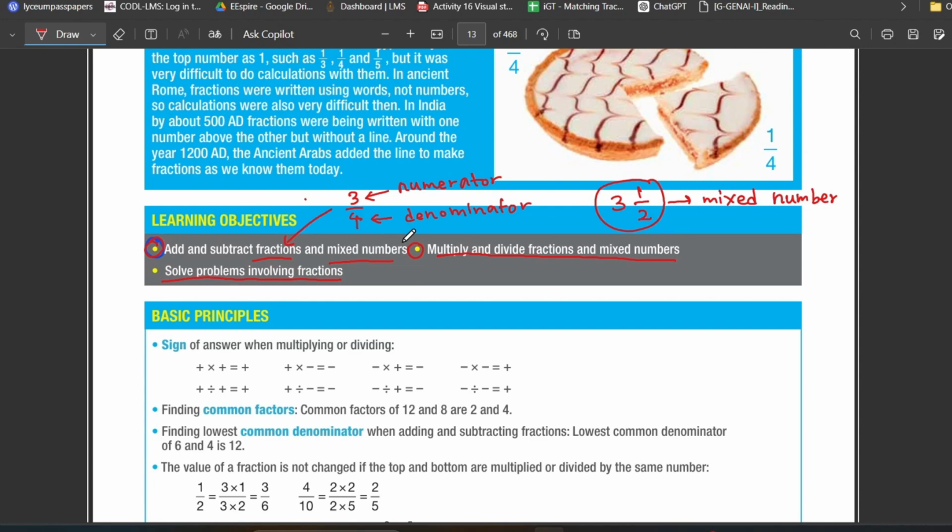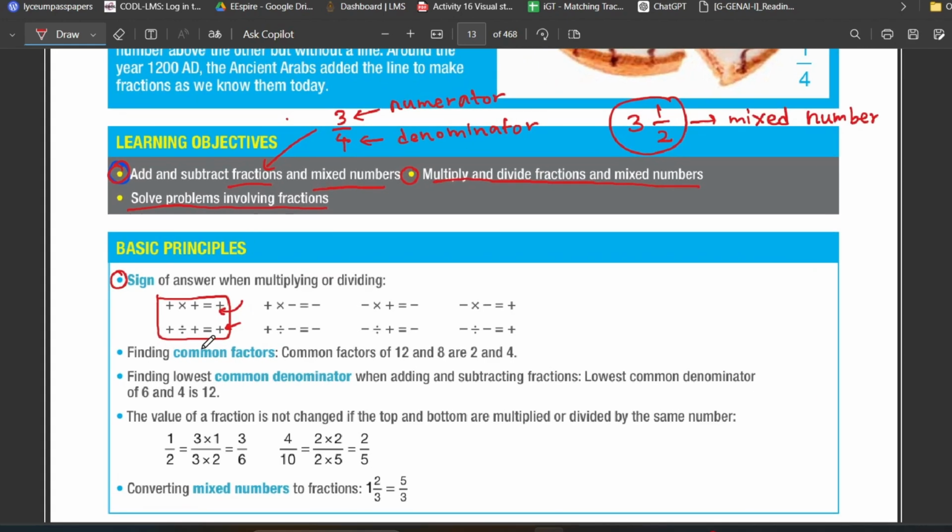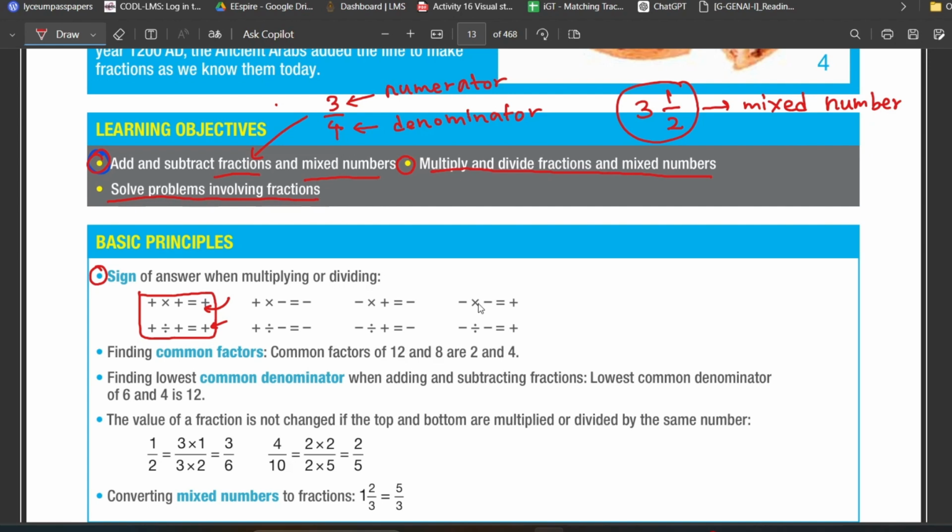Before going to the lesson, we have some things to remember. You know that when we multiply and divide with the same sign, what is the result? Plus. So you can see plus multiplied by plus is plus, plus divided by plus is also plus, and same signs result in plus.